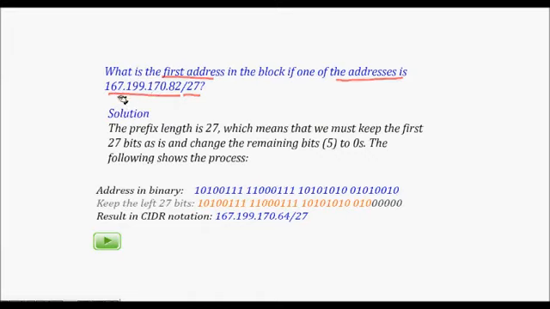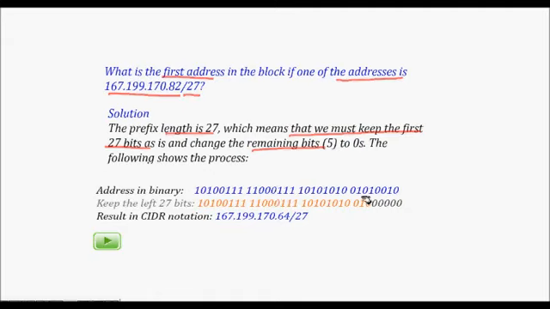You write the bit representation of these two, and you will get the number that is the first address, or the network address. The prefix length is 27, which means we must keep the first 27 bits as they are and change the remaining 5 bits to 0. The following shows the process.